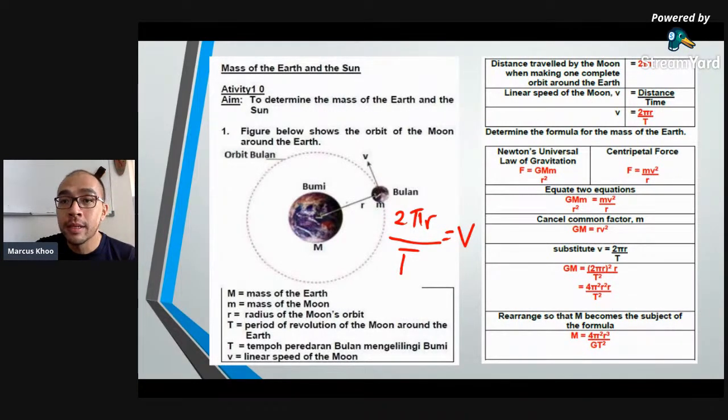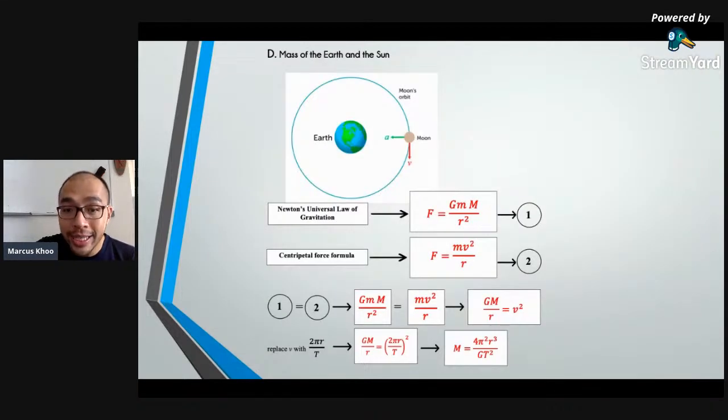When we calculate the speed and substitute it in here, we find that GM over r equals 2 pi r over t, all squared. When we rearrange, we can actually calculate the mass of the Earth by substituting all this. The r, as I said before, refers to the distance between the Earth and the moon, not the radius of the Earth.